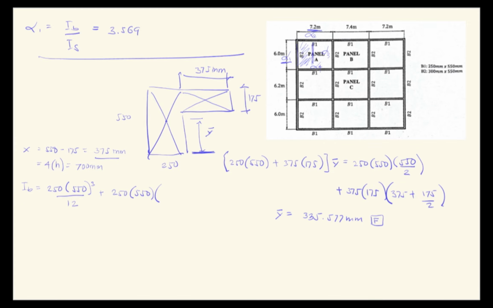Okay, so here is the centroid of the cross section being considered now, which is 250 by 550.